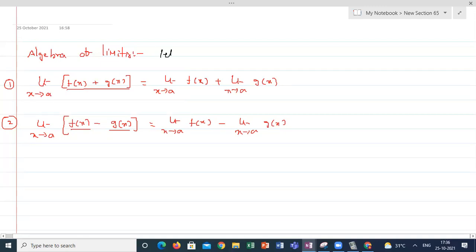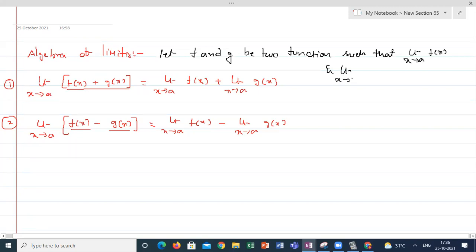Let f and g be two functions such that limit x tends to a f of x and limit x tends to a g of x exist.